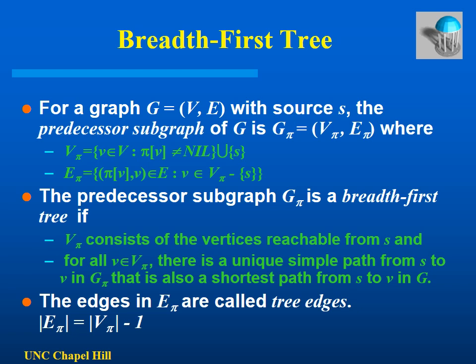We have one vertex being the source S, and we have the predecessor subgraph of G, G sub pi, which has a collection of nodes and a collection of edges, and that predecessor subgraph is a breadth-first tree if we've done what we said we were going to do, that is to say, the predecessor subgraph consists of all the vertices reachable from S, and there's a unique simple path without cycles.